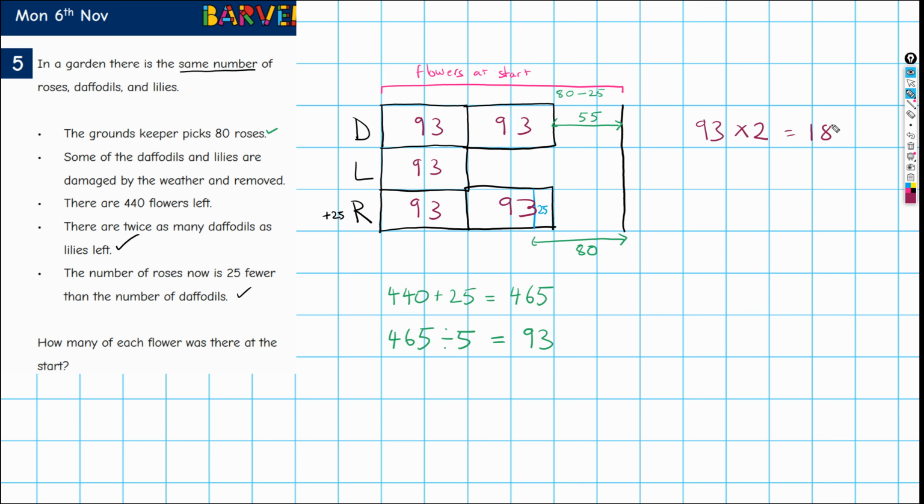That's 186. And then we need to add the 55, which gives us 241. And that is our answer. There were 241 of each type of flower.